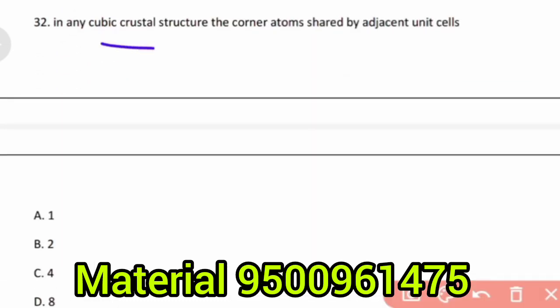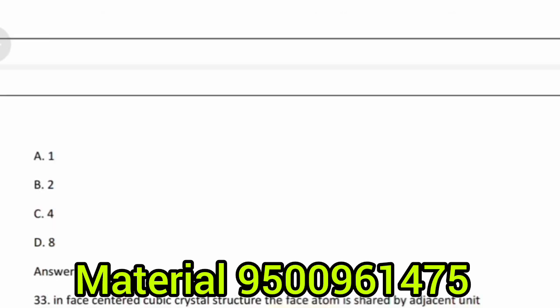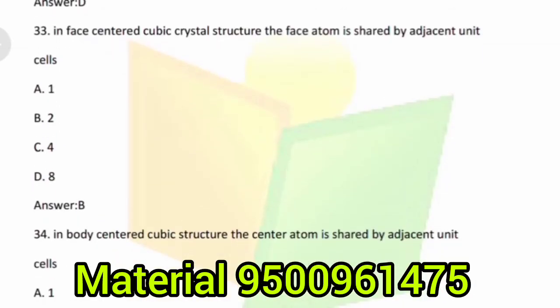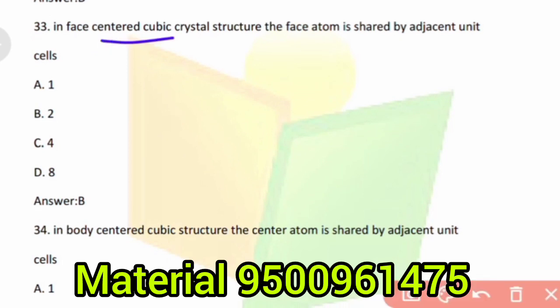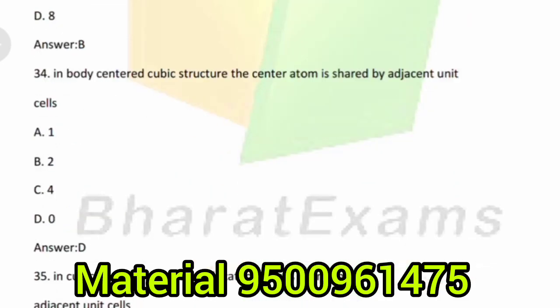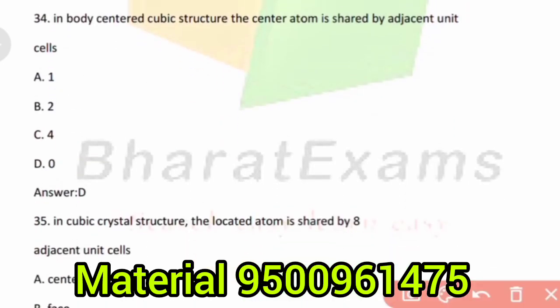In any cubic crystal structure, the corner atoms are shared by how many adjacent unit cells? Option D, 8. In face-centered cubic crystal structure, the face atom is shared by how many adjacent unit cells? Option B, 2. In body-centered cubic structure, the center atom is shared by how many adjacent unit cells?